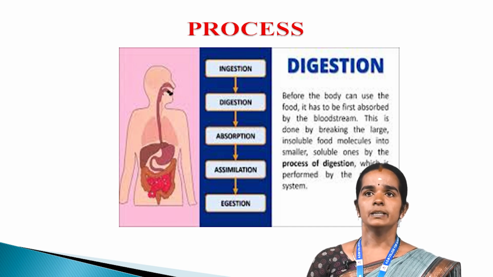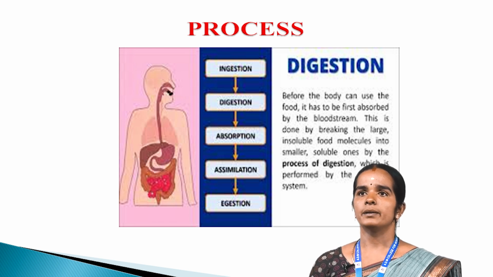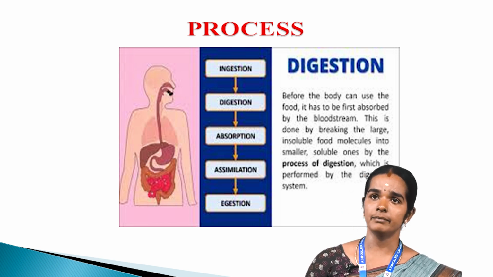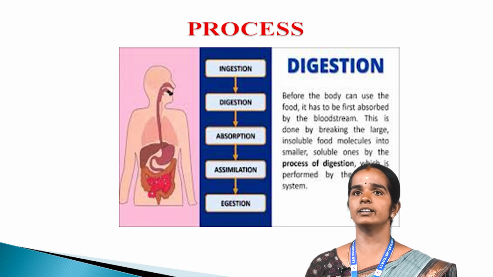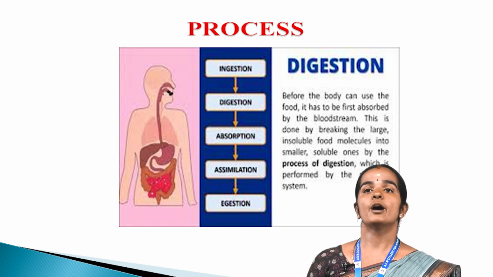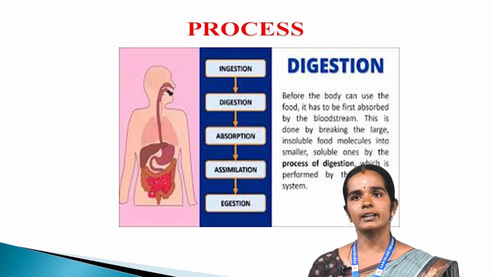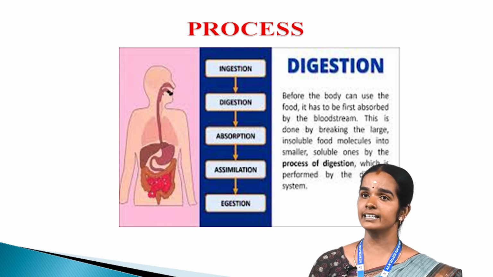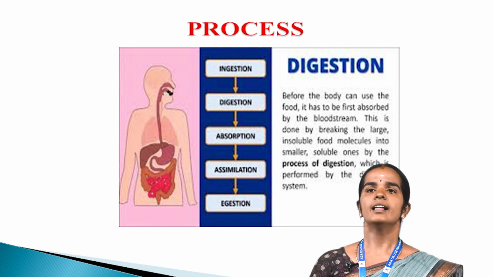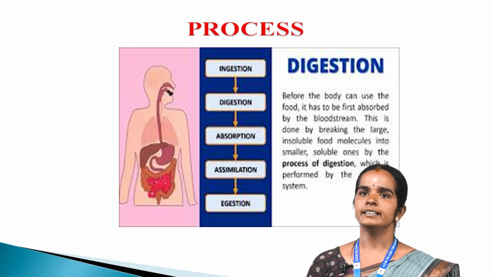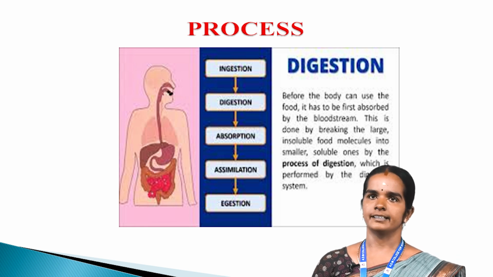Digestion. The process of converting complex food particles into simpler substances in the presence of enzymes and acid secreted by different digestive organs. Absorption. This process begins in the small intestine, where most of the nutrients and minerals are absorbed. The excess water in the indigestible matter is absorbed by the large intestine.